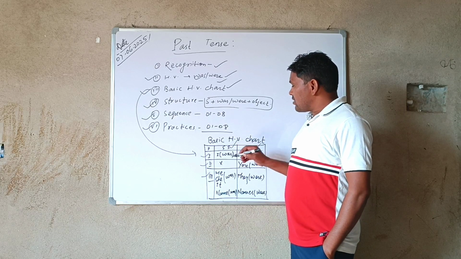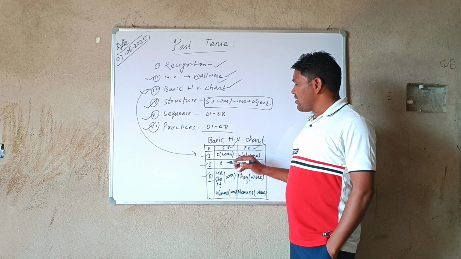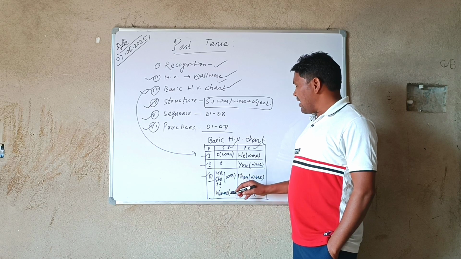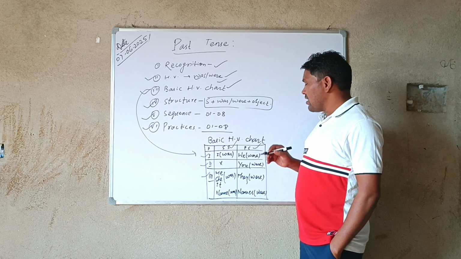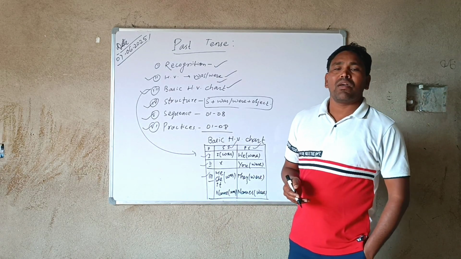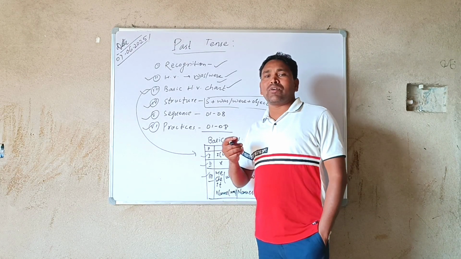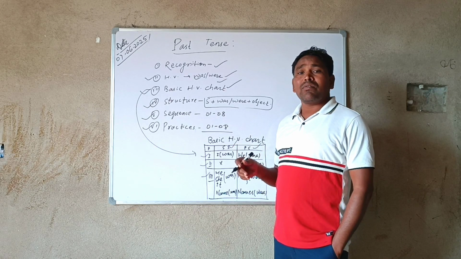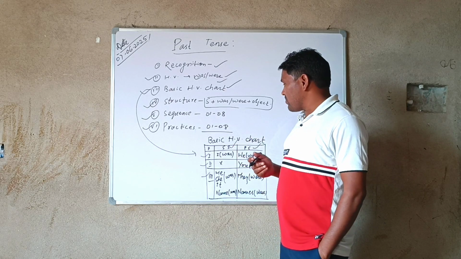So in singular subject, you can find I, he, she, it, name, and in plural subjects you can find we, you, they, names. Now you have to try to understand which HB is used with what subject.